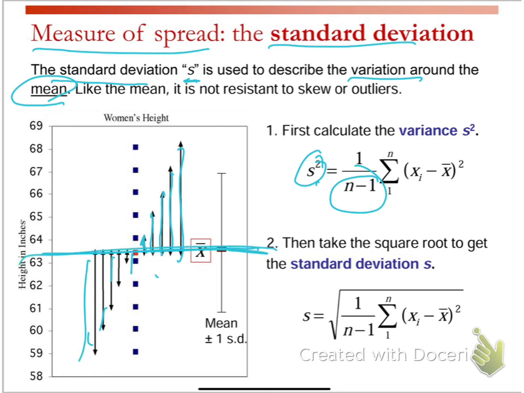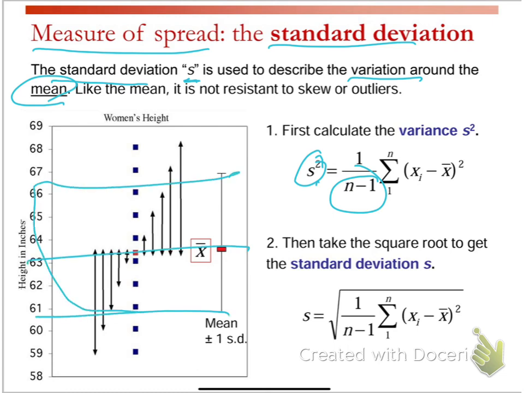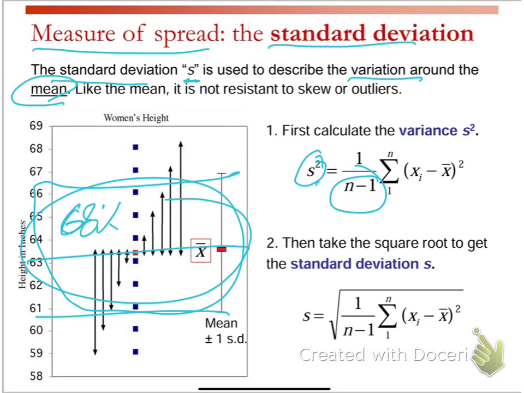So this is the mean, and this is one standard deviation from this side. Here in this area we should have 68% of the data. And this is the formula of the standard deviation, which is the square root of s squared, the variance, 1 divided by n minus 1, the sum of x minus x bar square.